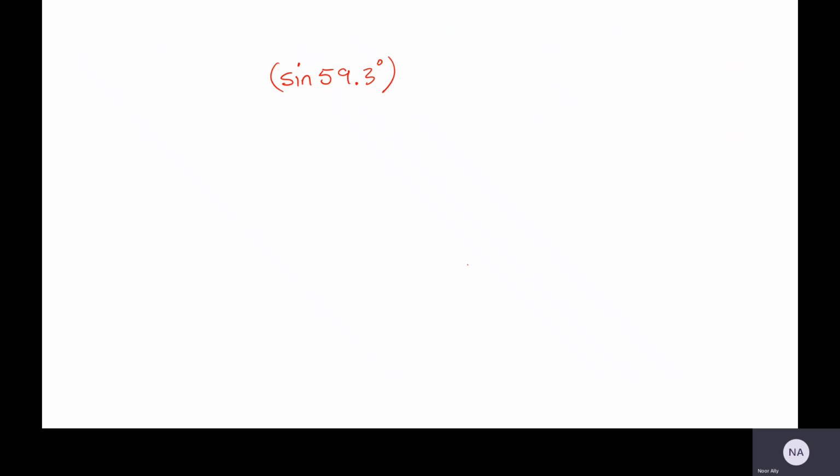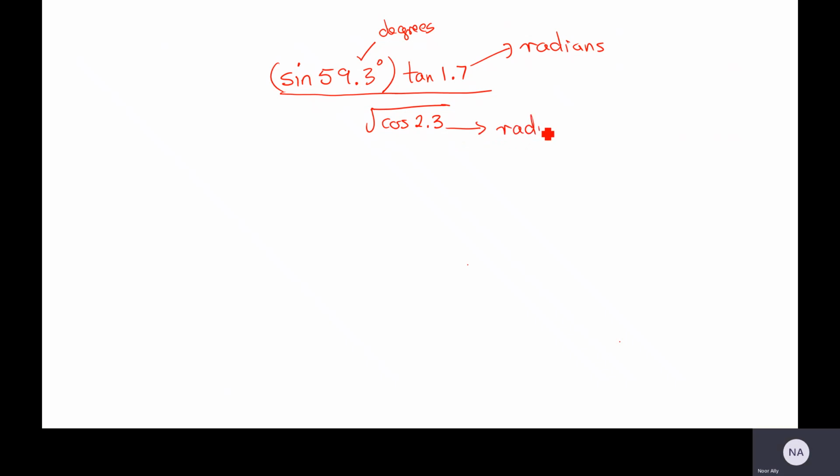Let's say you have to calculate sine of 59.3 degrees, multiplied by the tangent of 1.7, divided by the square root of the cosine of 2.3. This is not a straightforward question. Why? Because this is an angle which is in degrees, and this is an angle which is in radians. So you cannot do it all at once.